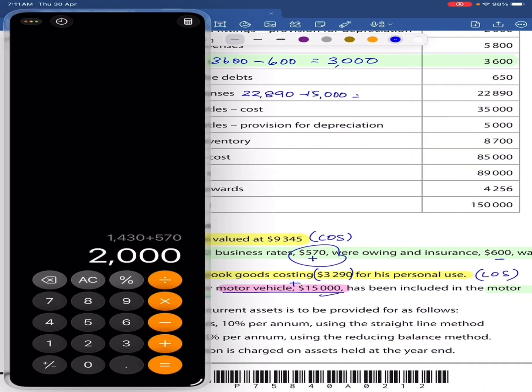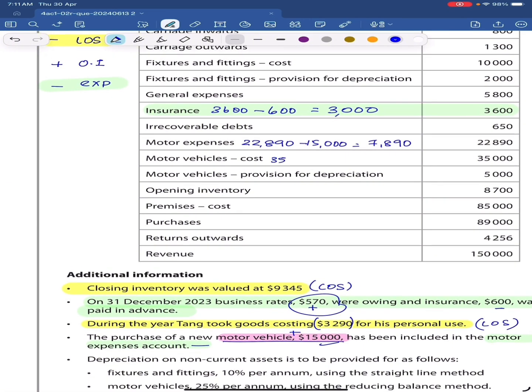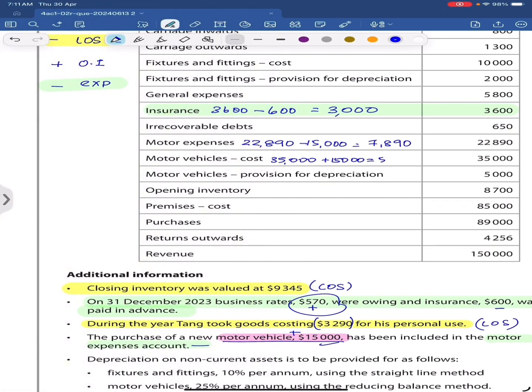So that is 22,890 take away 15,000, which is 7,890. And then add this 15,000 to the motor vehicle account. 35,000 plus 15,000. Now it's 50,000. This will be adjusted under expenses.